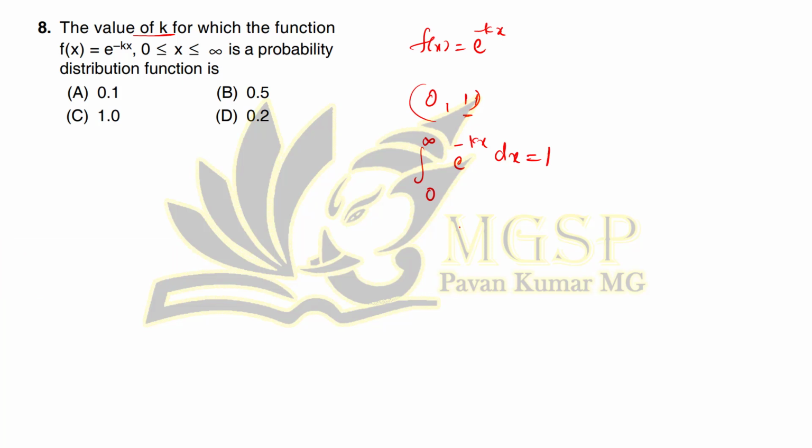Just do the integration: e power minus kx by minus k, and put the limits, equal to 1.